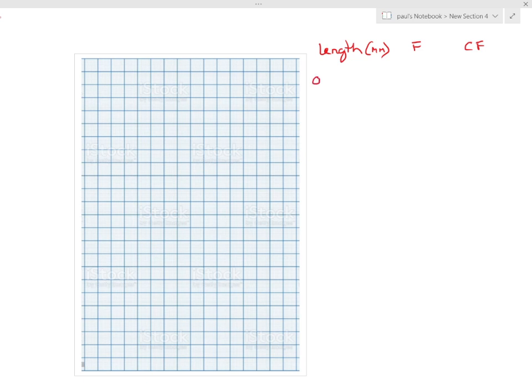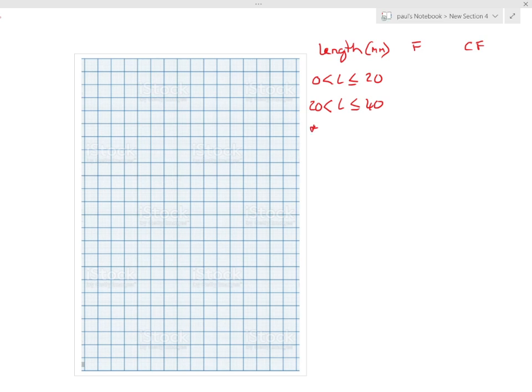So we're going to have the length, everything between 0 and 20, everything between 20 and 40, all the groups are the same width.